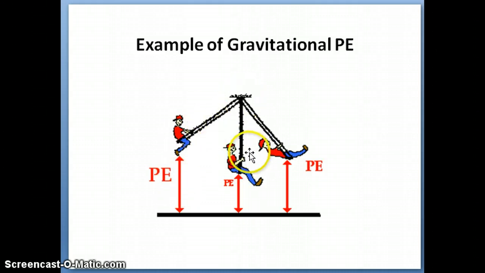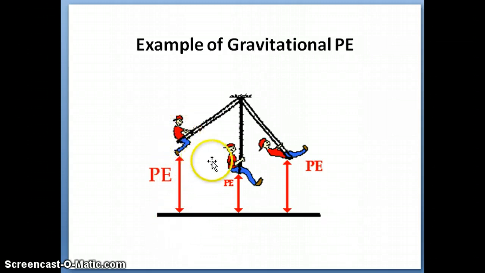So you imagine here somebody is going on a swing. When the person swings up to this particular position, measured relative to sea level or the surface of the Earth, it is a certain distance away, and as a result of being in that position, that person has a certain gravitational potential energy relative to the reference position, which is the surface of the Earth.